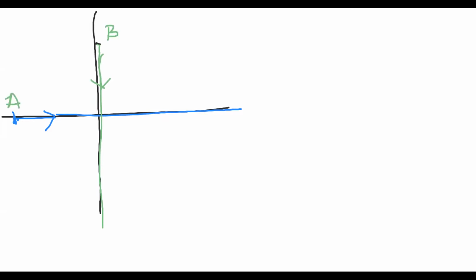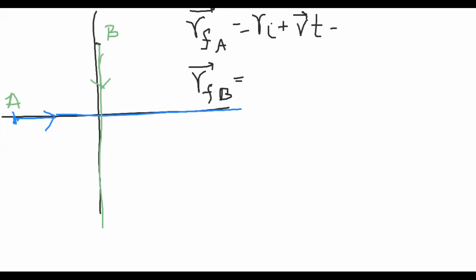So can you tell me what is the final position vector of particle A and what is the final position vector of particle B? दोनों का final position vector क्या है? Must be equal to r_i plus vt. Must be equal to -20 i cap, right? Plus 2t i cap.